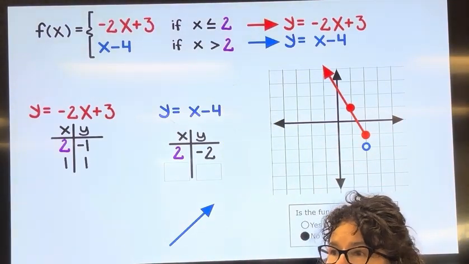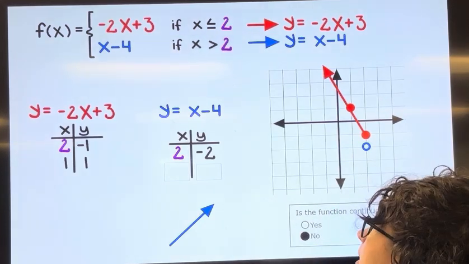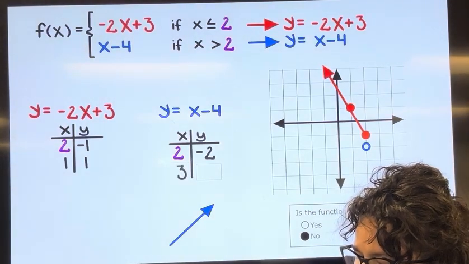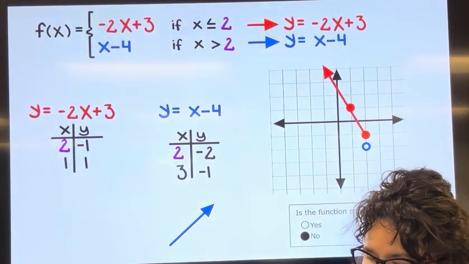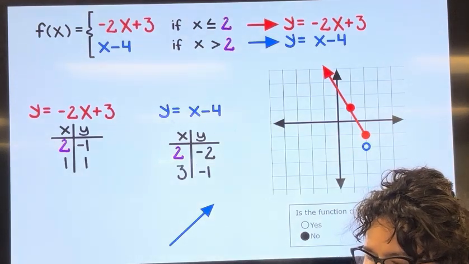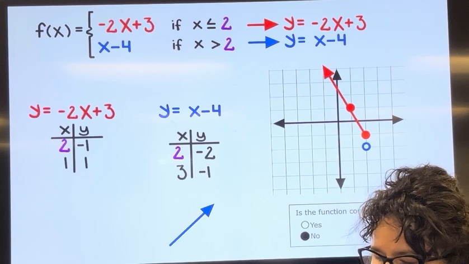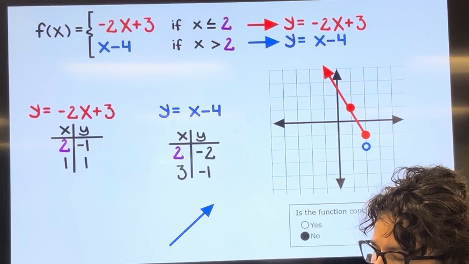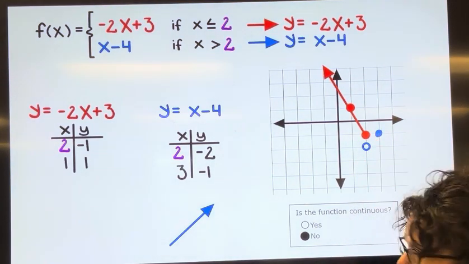Now, where are we going to run it through? I need to pick a number that is greater than 2. So picking a number greater than 2, I went with 3. 3 minus 4 is negative 1. So I plot another point here at 3, negative 1: 1, 2, 3, negative 1, right here.